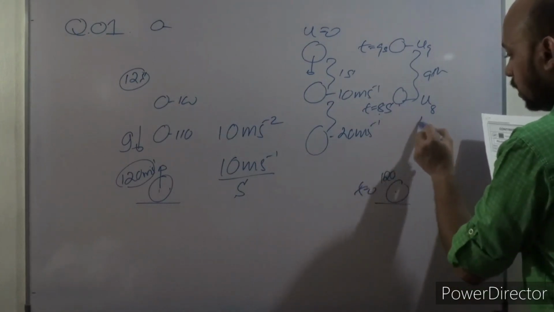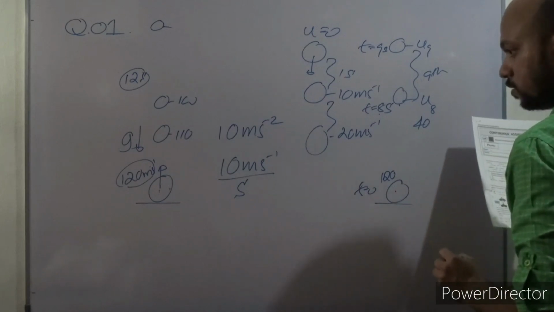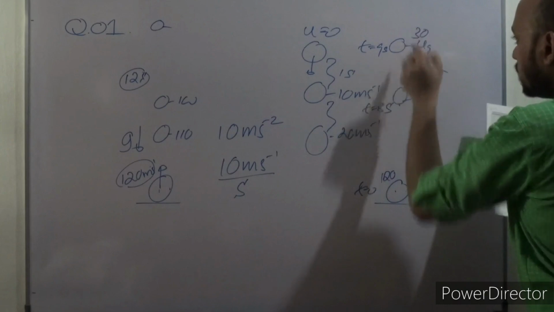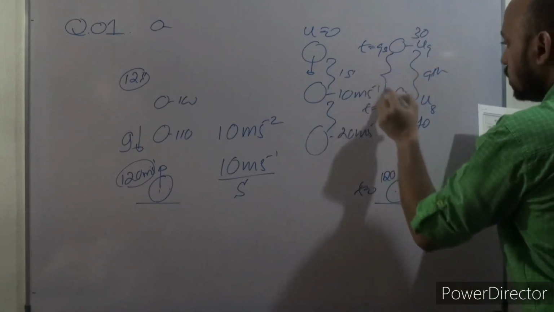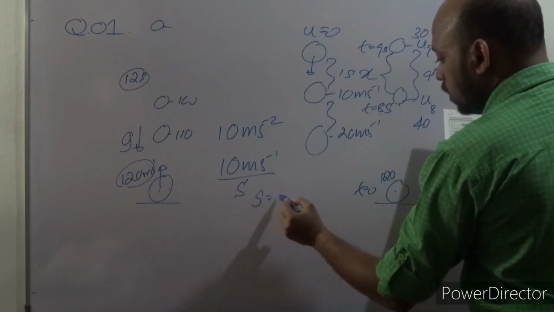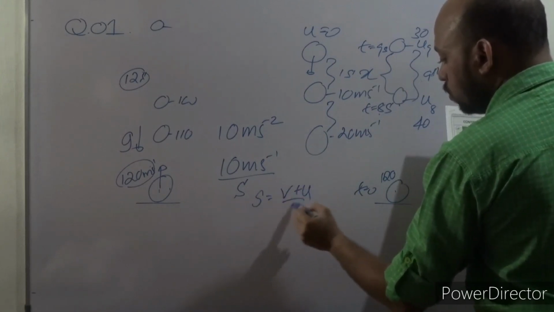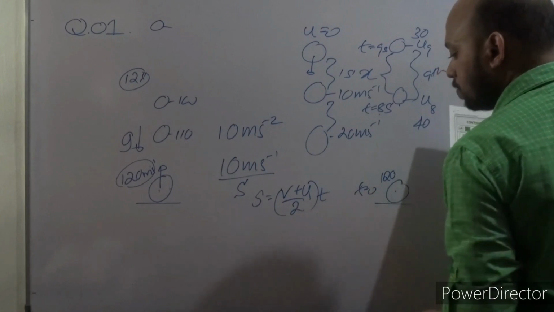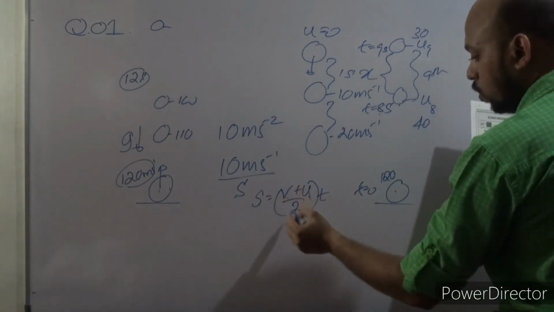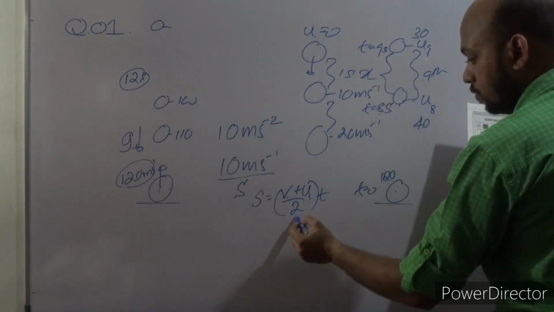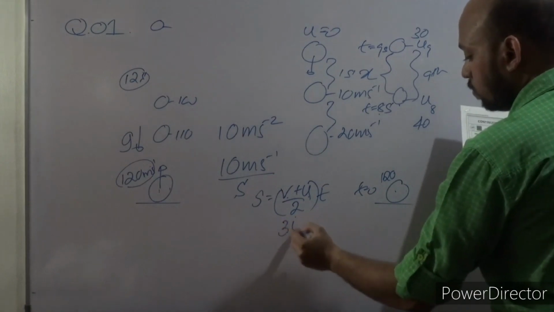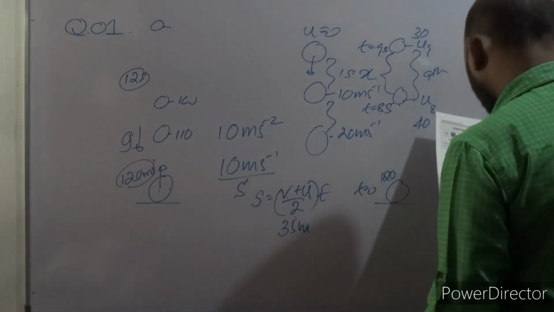After 8 seconds it should be 40, and after 9 seconds it is 30. The distance x we can find using s equals (v plus u) over 2 into t. V is 30, u is 40, so 70 over 2 is 35, t is 1 second. So the distance should be 35 meters, answer should be 5.